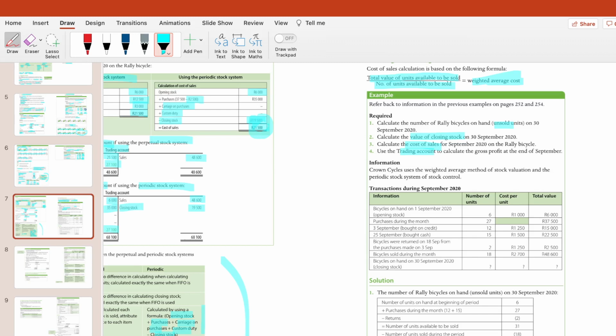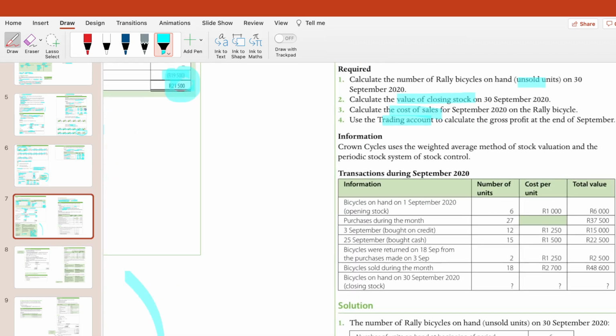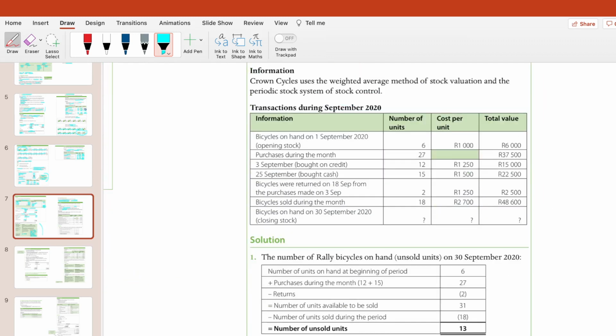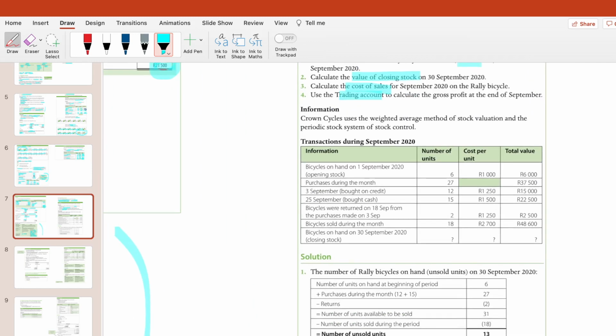If you remember correctly, we are here with our information again. We have our bicycles on hand. That is the 6 bicycles on hand at 1,000 Rand, so 6,000 value. The purchases during the month were a total of 27, and the value was 37,500.